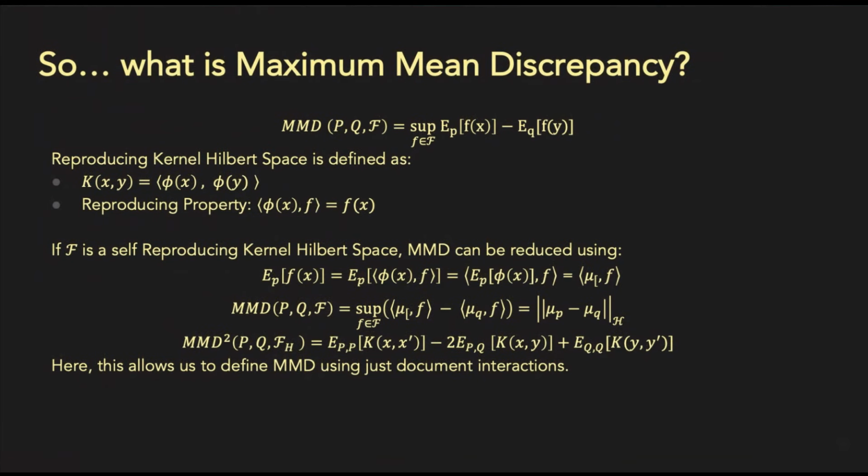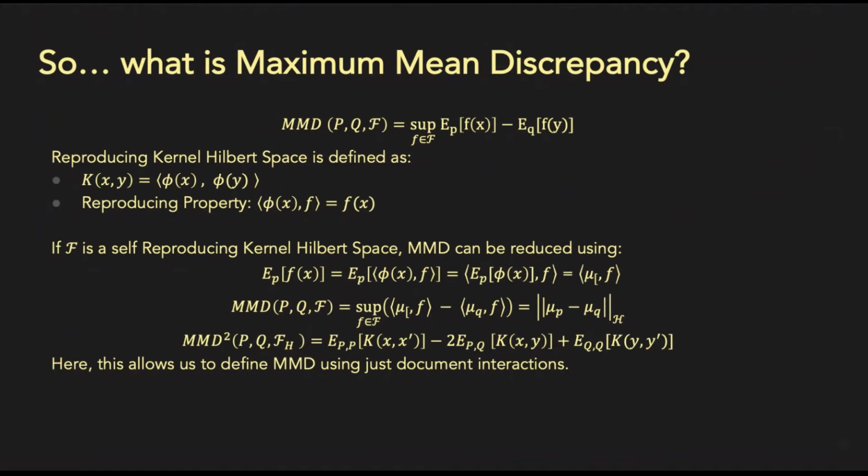A reproducing kernel Hilbert space has two properties. k of x, y is a kernel function that calculates the similarity between x and y, which is also the dot product of phi of x and phi of y, where phi is the feature map that maps x to the required space.